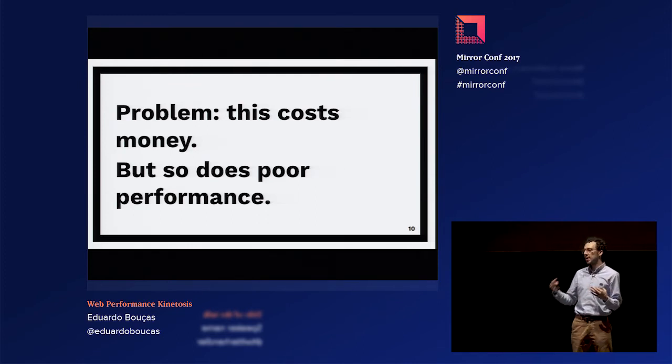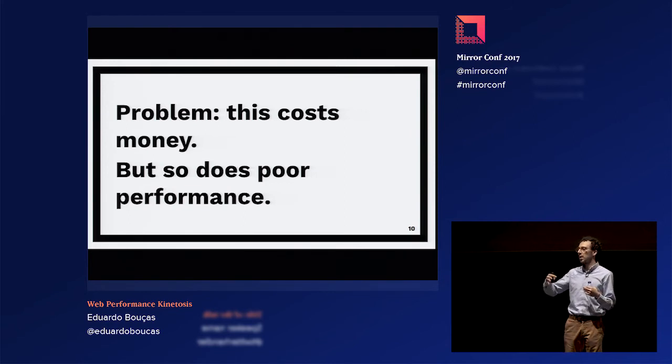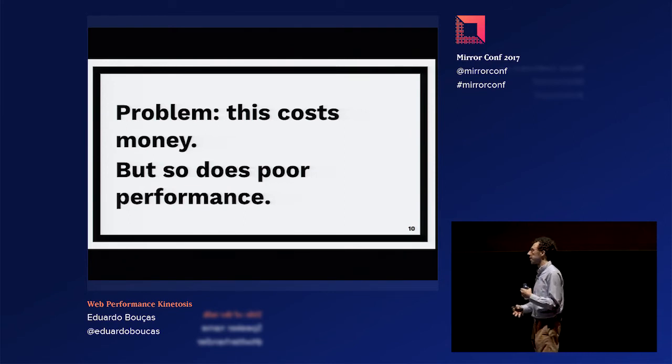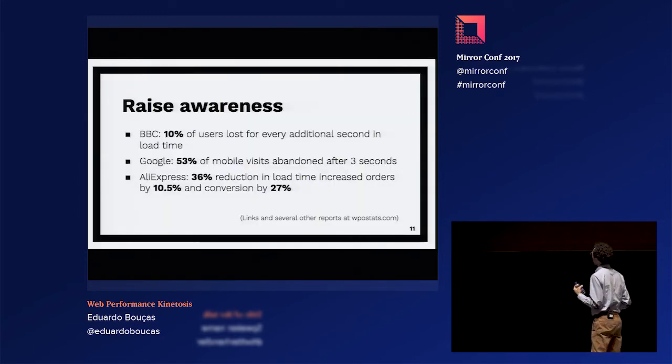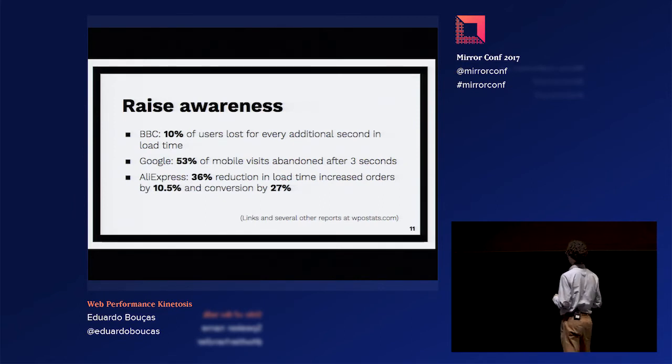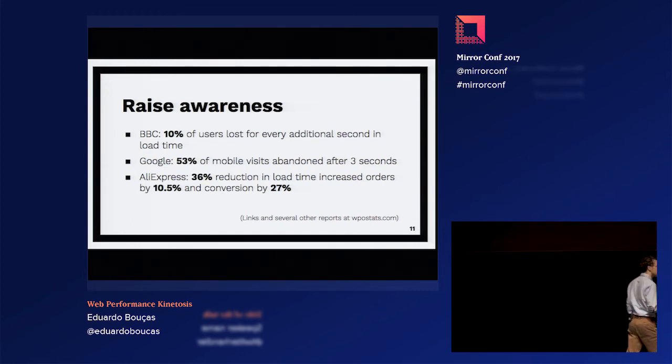Because you can actually say that bad web performance is costing money to your organization. It's costing customers. And there are a lot of real case examples that you can use to prove this point. So these are just a couple of them. The BBC reported that 10% of users were lost for every additional second in their page load time.